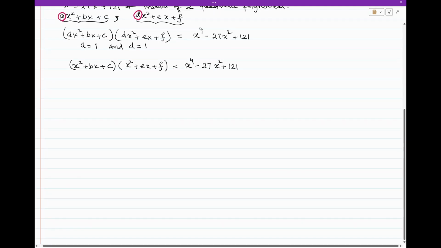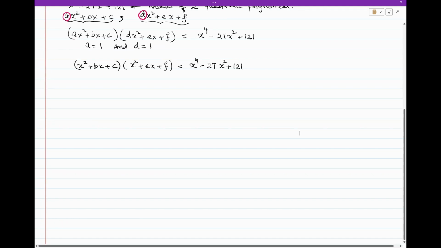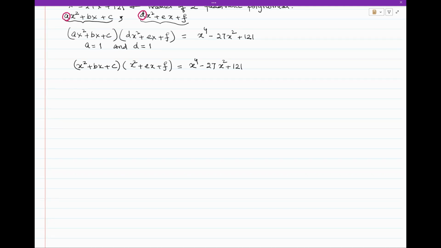Now, let us multiply the left hand side. There are two expressions, we will multiply them. I will first multiply with this x square to get x to the power of 4 plus e x cube plus f x square.